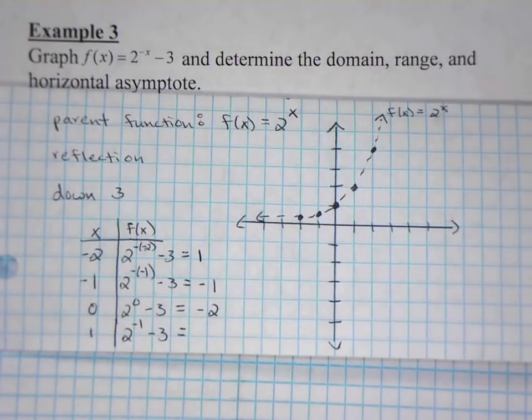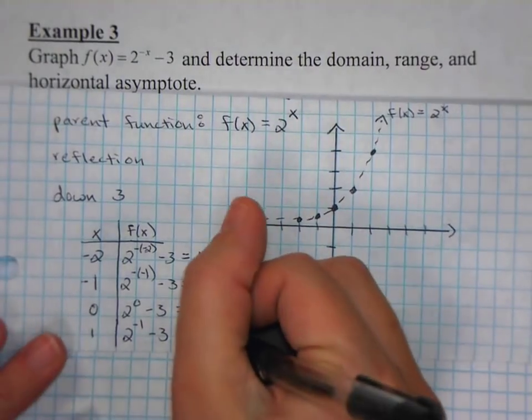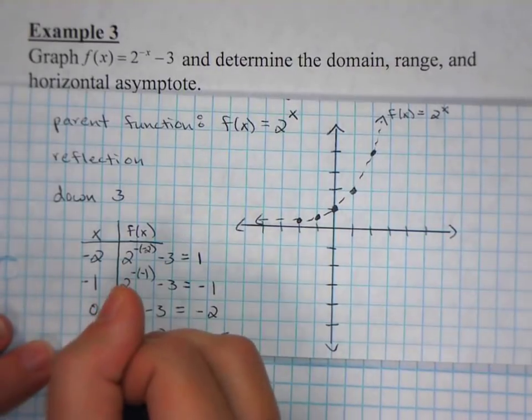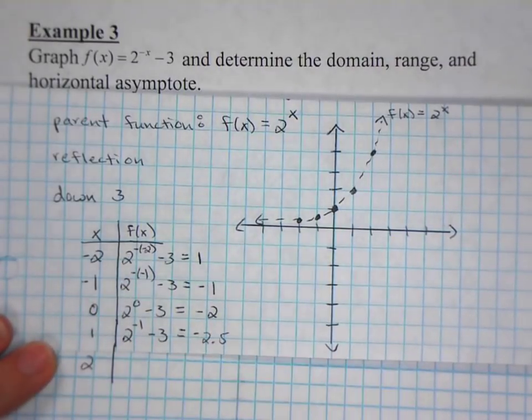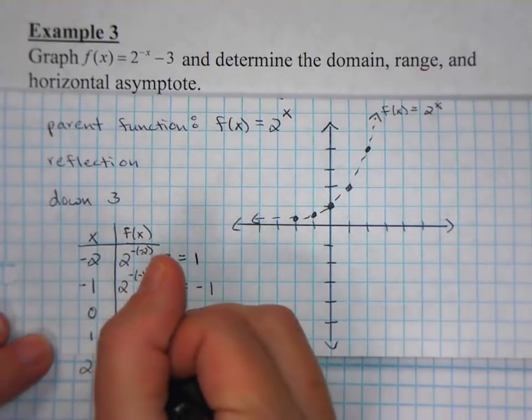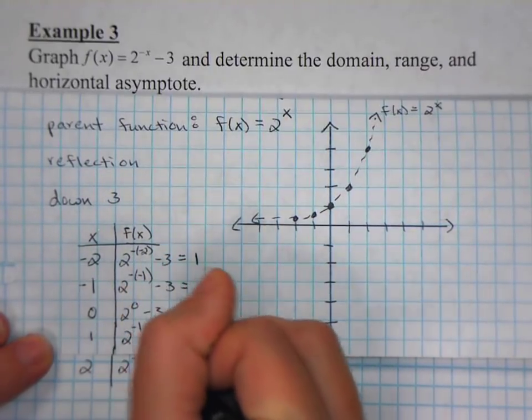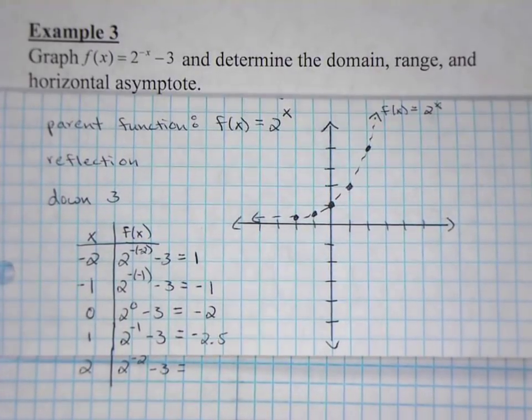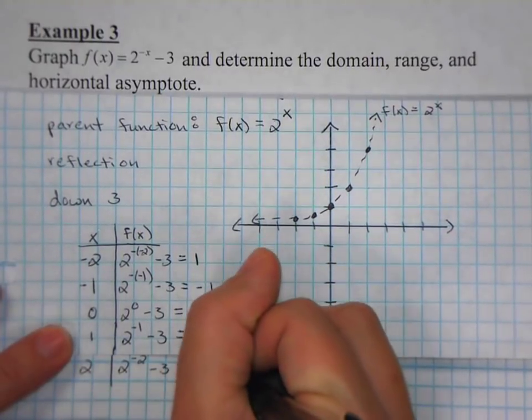So if I do a half minus 3, I'd be at -2.5. And then if I put in 2, let's see, it would be 2 to the -2 minus 3. And that would be a fourth minus 3. And we'd be at -2.75.